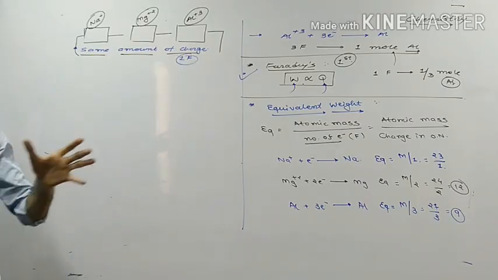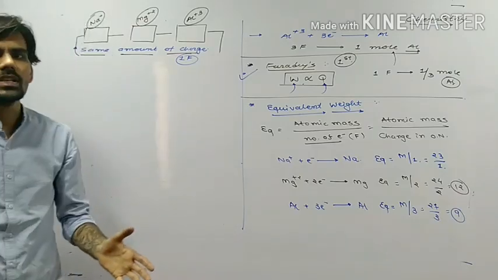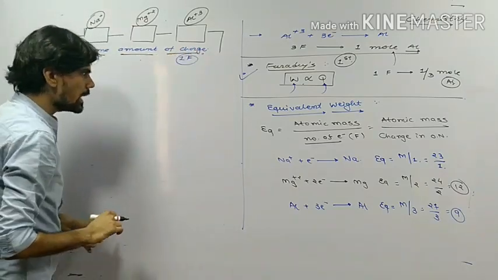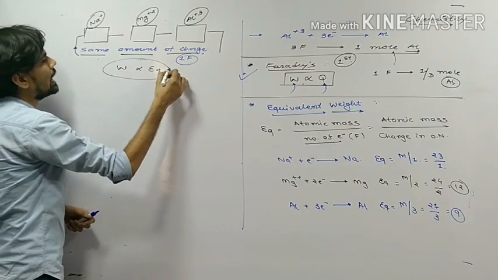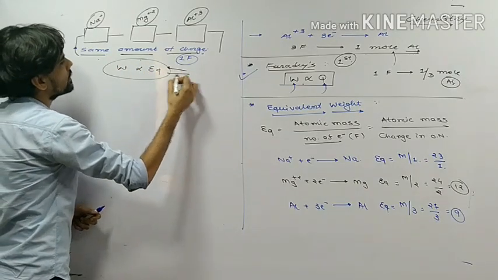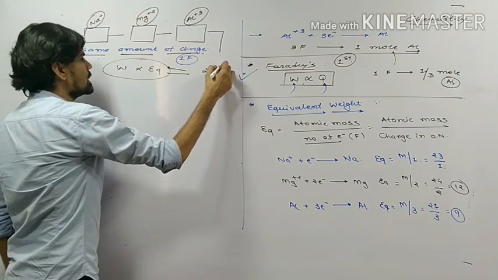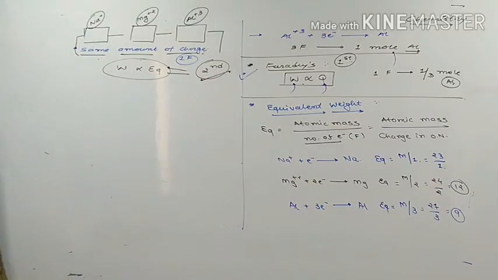If we join 2 or more different electrolytic solutions in a series and pass the same amount of charge, then the product is directly proportional to the equivalent weight of that ion. It is the second law of Faraday.